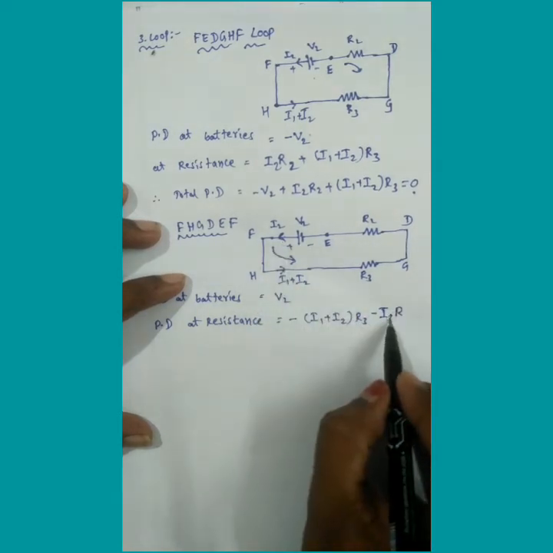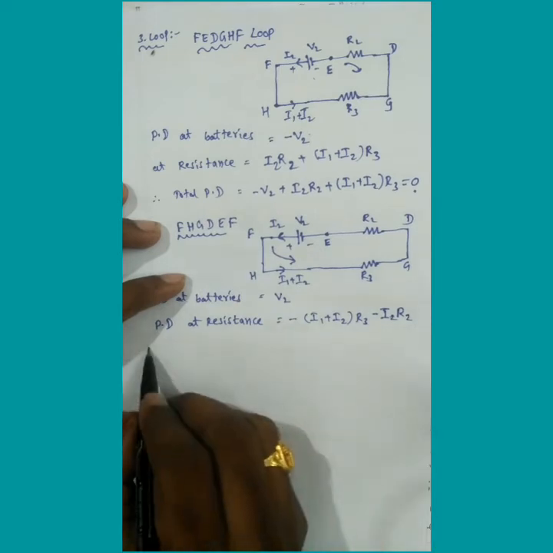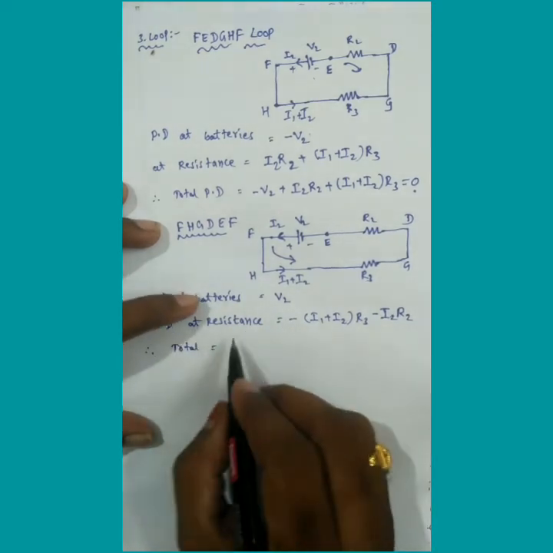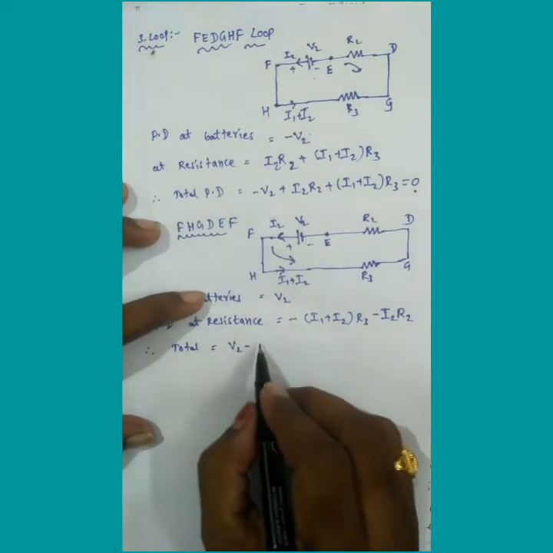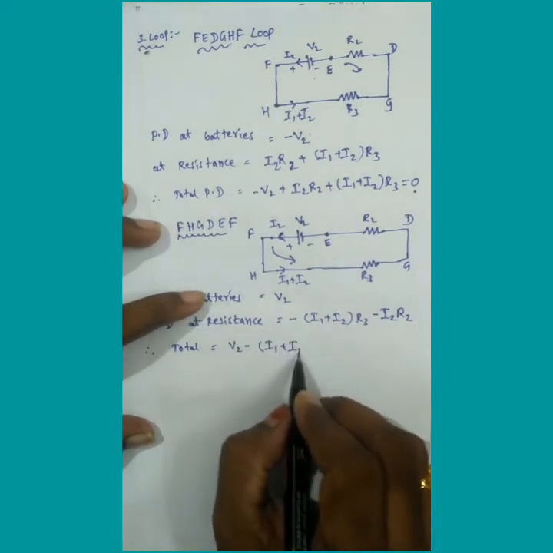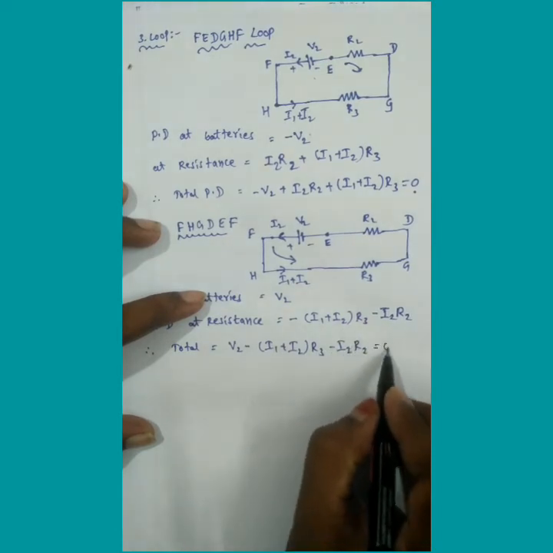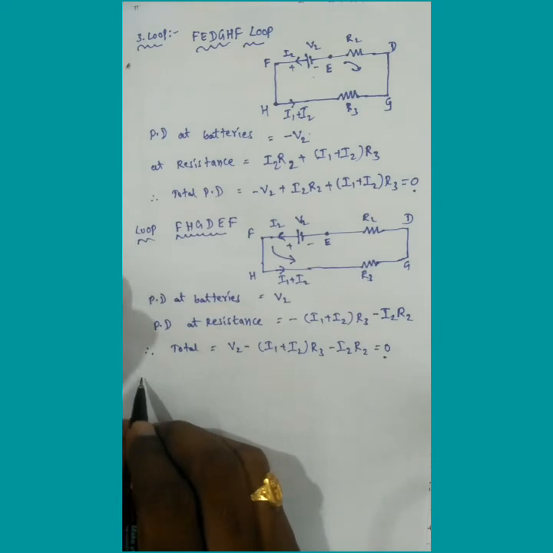The current is I2 and the resistance is R2. Therefore the total is V2 minus (I1 plus I2) into R3 minus I2 R2, which equals 0 according to our law.